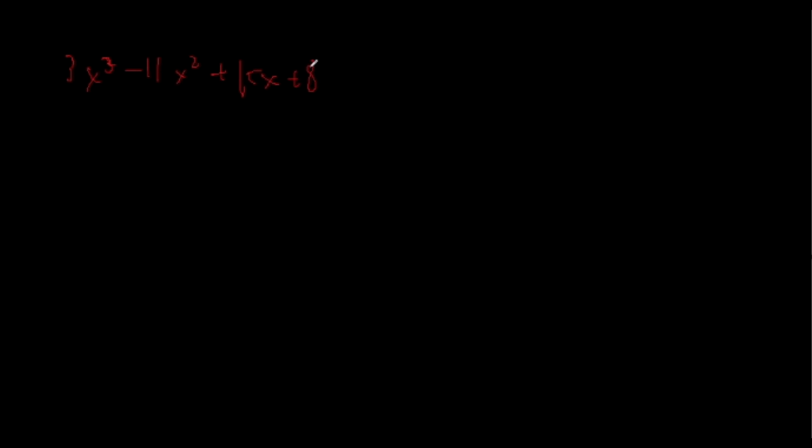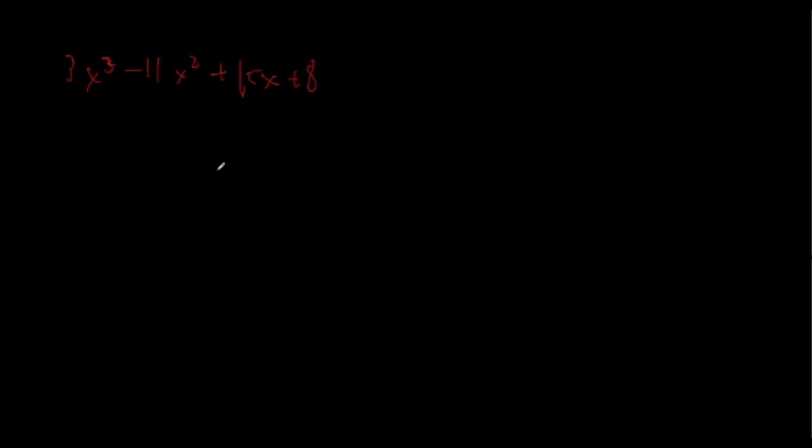Now k, you won't always have a k, but for the sake of the problem that I'm going to use later on, there is a k, but this is a polynomial. If you just had something squared, like 24x squared minus something plus something, that's a quadratic. But a polynomial is just when you have a power of something greater than 2.